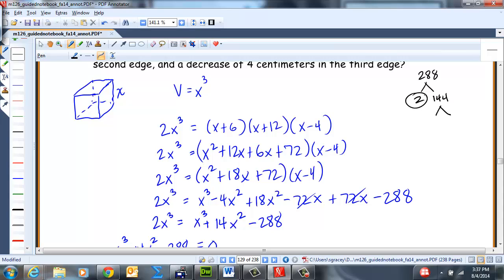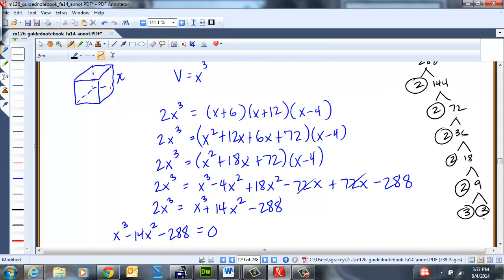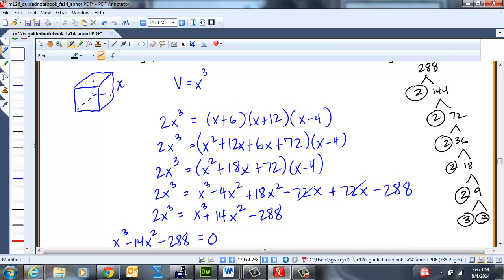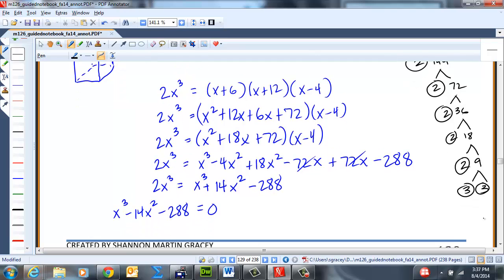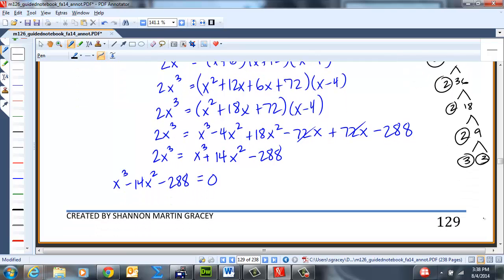So you have one factor there. 2 times 72, 2 times 36, 2 times 18, maybe it's not so bad, 2 times 9, and then 3 times 3. So you get your factors there. So I'm thinking that any combination of these might work for our possibilities.